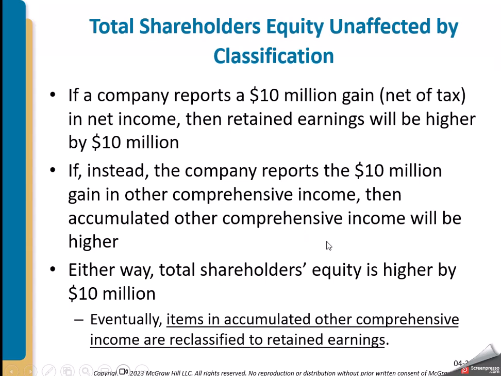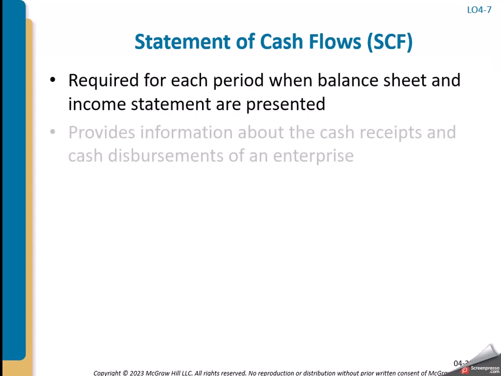It's just what line item would it be in. If it was real, if we actually reported it into our real income, it would reduce our retained earnings or increase our retained earnings, whichever way that goes. If it's just in other comprehensive income, then it's going to be in that accumulated other comprehensive income section. But they both roll into our equity section of our balance sheet, so that part isn't going to change.